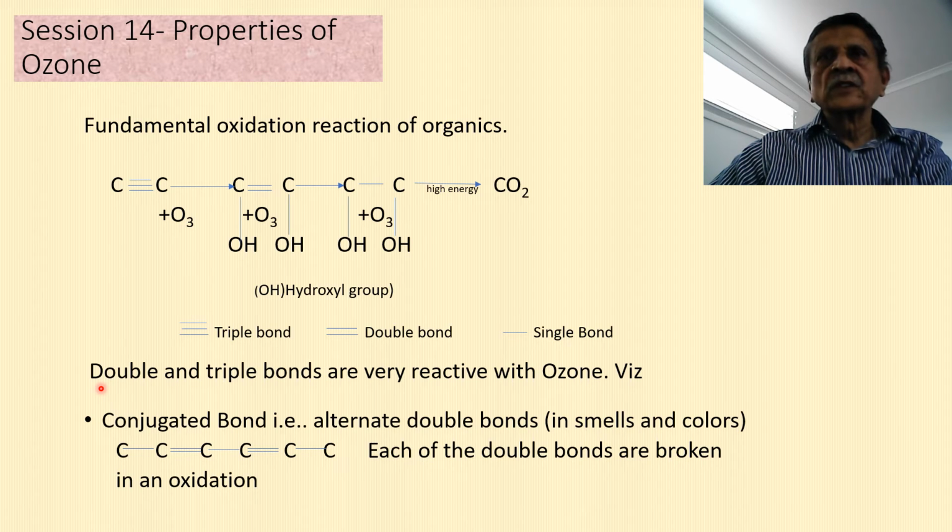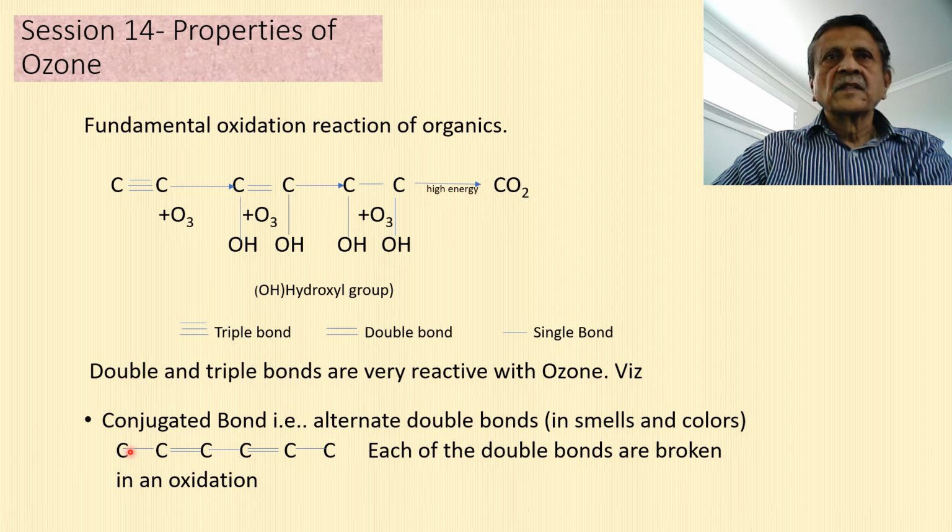From here you note that ozone will attack any double or triple bonds, but not necessarily single bonds. But it will react with conjugated bonds. What is a conjugated bond? This particular combination is a conjugated bond.